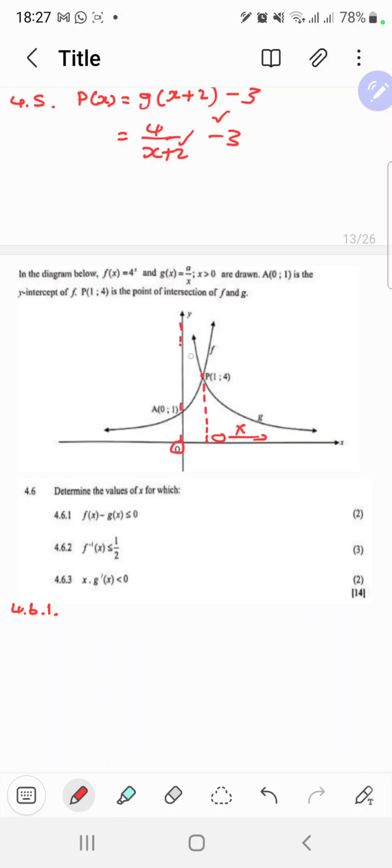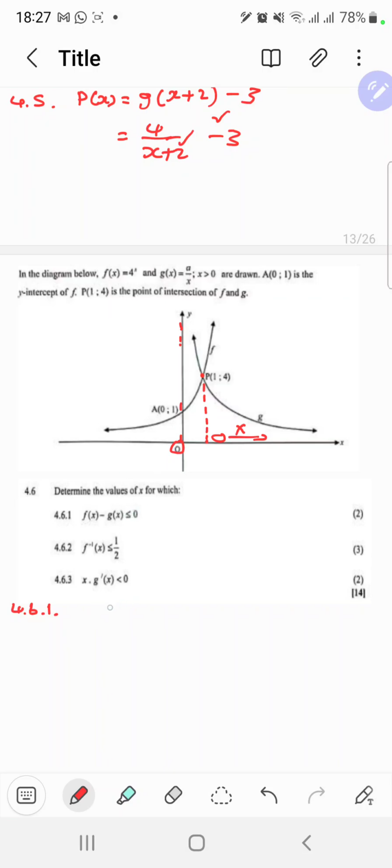So let's have a look here. These values lie here because this one is going to have a smaller positive y value with a bigger positive y value. When you take a smaller positive y value and subtract a bigger positive y value, we get an answer that is less than 0.